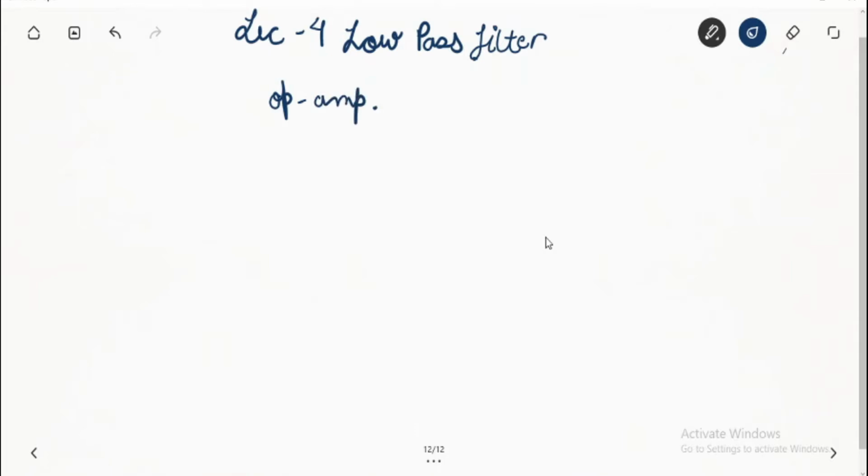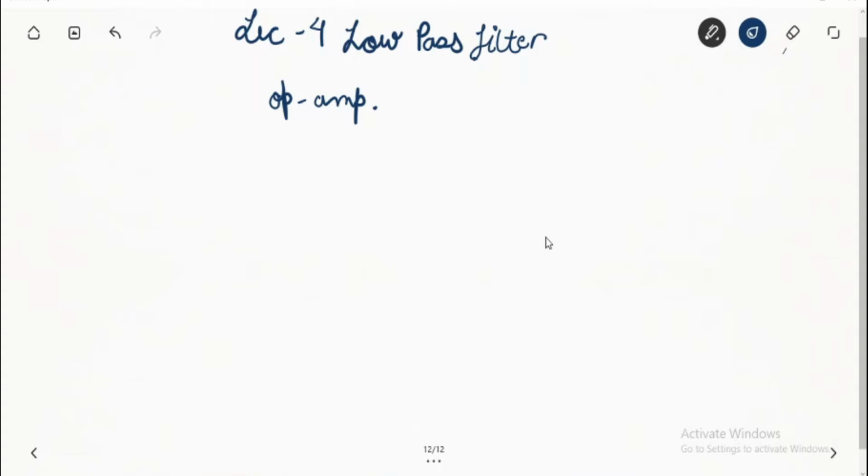Fine, so first of all, let me discuss what a low pass filter is. हम थोड़ा जल्दी डिस्कस करेंगे कि एक्चुअली में लो पास फिल्टर होता क्या है, what the circuit looks like, because everything will remain the same as what we discussed in the high pass filter.